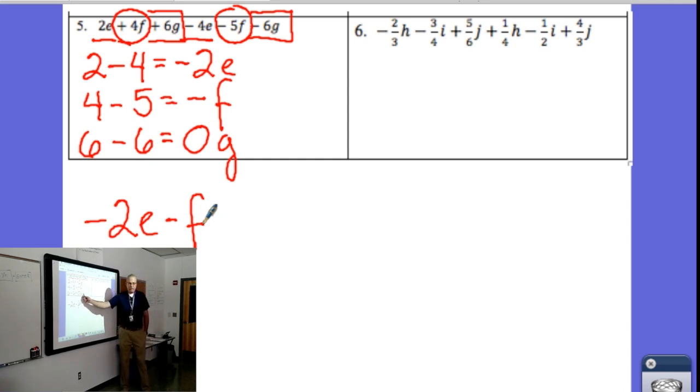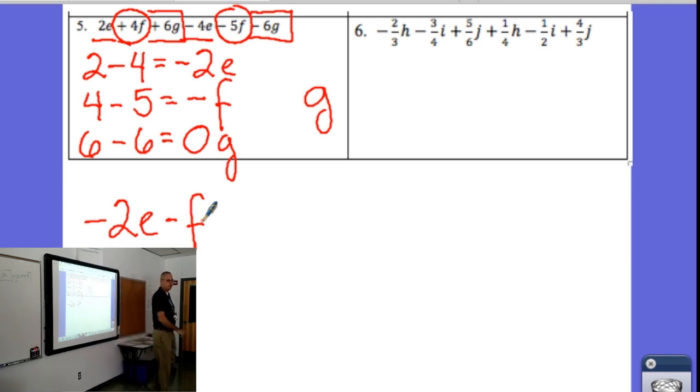I have 0g in here, so what should I add? Does 0 have any value? How many g's do you see in here? If I put g in here, it's going to have a 1, but it's 0, so you won't put anything because it's 0. Exactly, you don't put nothing. Okay?